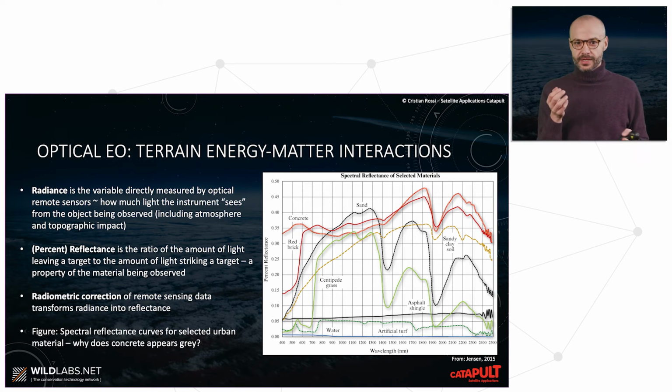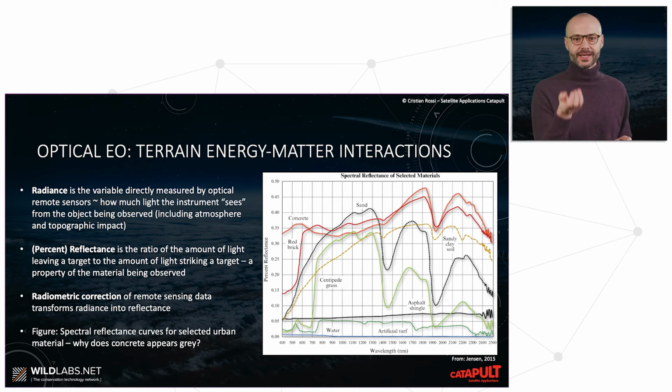Let's have a look at the concrete, which is the highest figure up there. As you see, it's kind of flat, or it moves slightly, in the visible part of the spectrum. That means that there is an equal balance, more or less, between the colors. That's why concrete appears gray to our eyes.